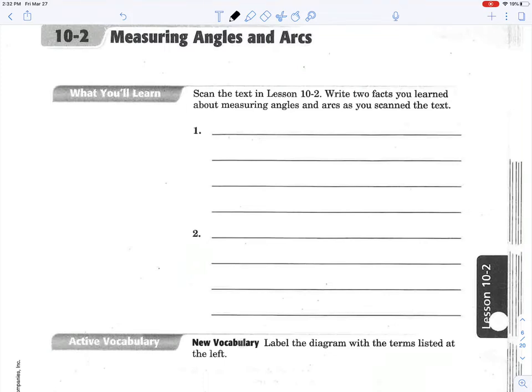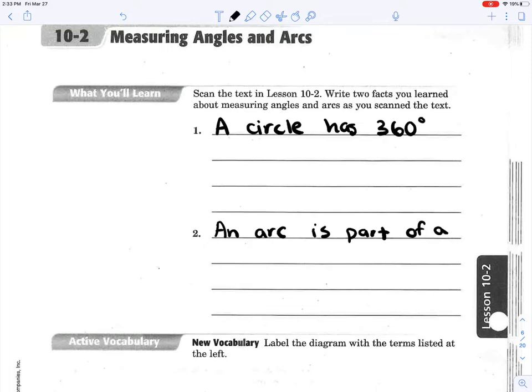Section 2 starts off with: scan the lesson, and write 2 facts you learned about measuring angles and arcs as you scan the text. So maybe something like a circle has 360 degrees, and an arc is part of a circle defined by 2 endpoints.